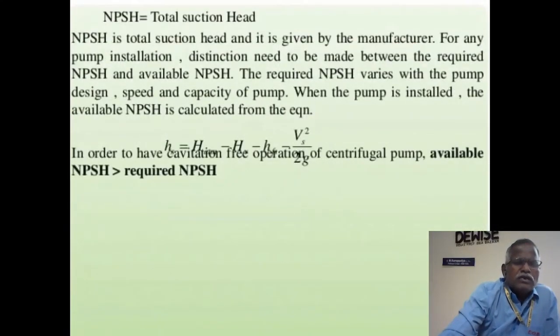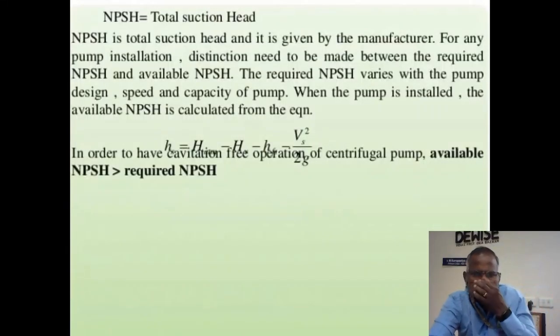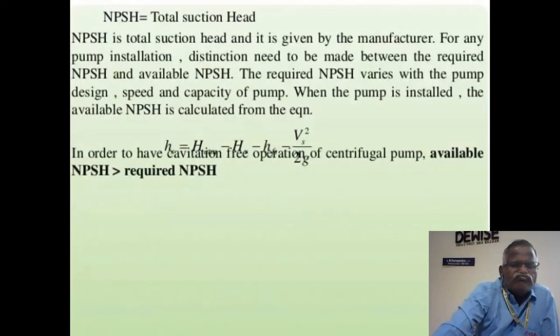NPSH is net positive suction head. It is given by the manufacturer. The distinction is between the required NPSH and the available NPSH. The required NPSH varies from pump to pump, with pump design, speed, capacity of the pump, etc. The available NPSH must be greater than the required NPSH. Available NPSH is always greater than the required NPSH.